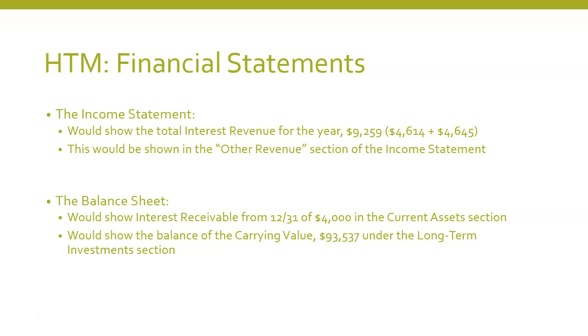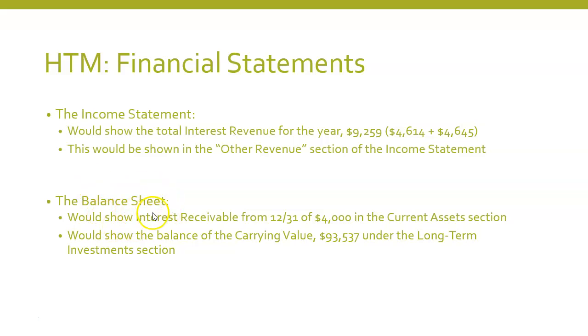On the financial statements, we would show the interest revenue for the year of 9,259. That's the 4,614 and the 4,645 that we pulled off that amortization schedule. And this would be shown as other revenue on the income statement, on our multiple step income statement.